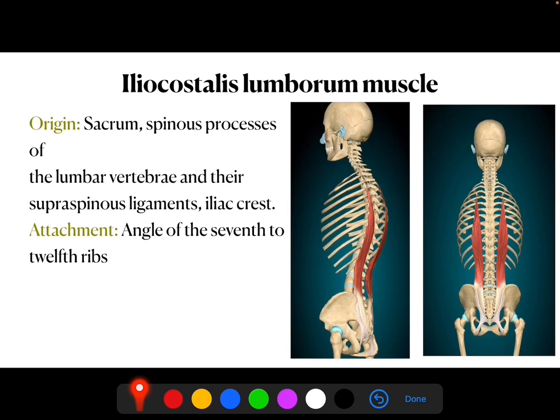Iliocostalis lumborum muscle. It originates at the sacrum, spinous processes of the lumbar vertebrae and the supraspinous ligaments and iliac crest. It attaches at the angle of the 7th to 12th ribs.